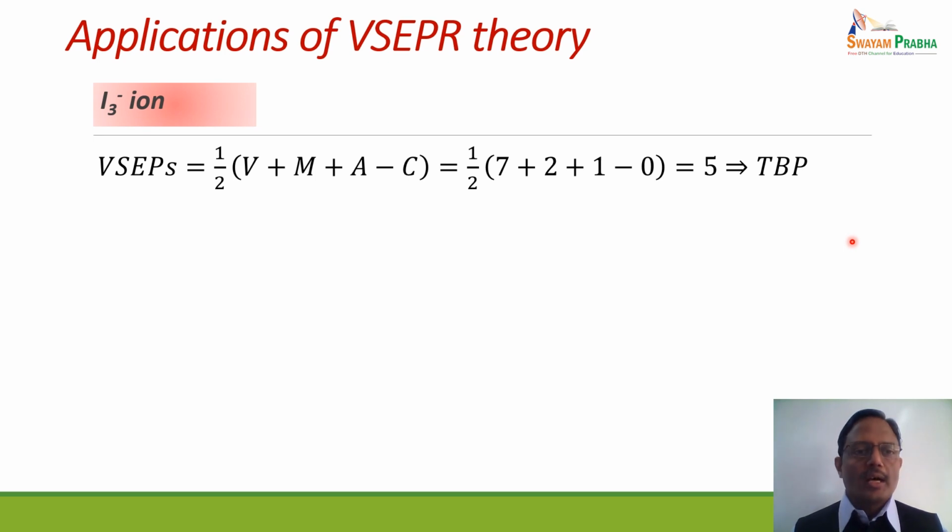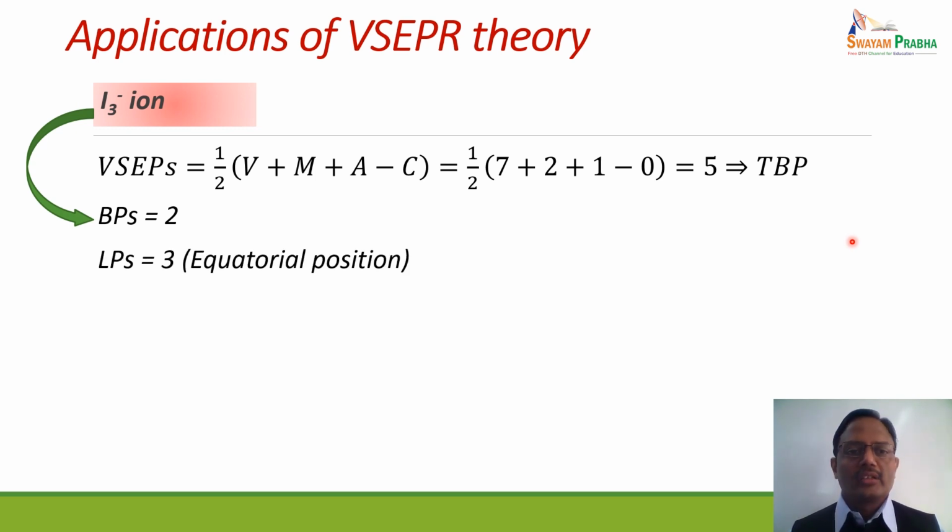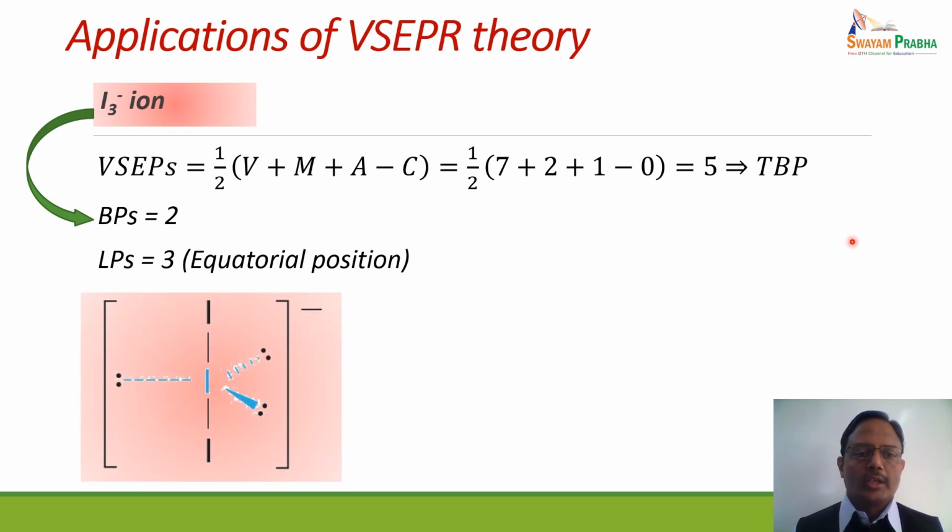But since there are only 2 iodine atoms bonded to the central iodine atom, the bond pairs are only 2, indicating that there are 3 lone pairs, and lone pairs occupy the equatorial position. Thereby the geometry can be shown something like this. So this is the central iodine, and these 2 iodine atoms are the bonded iodines, and these 3 lone pairs are present at equatorial positions.